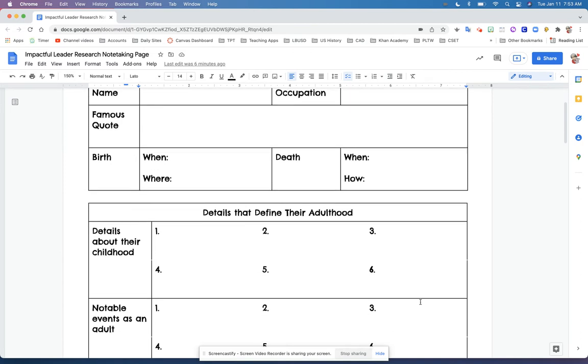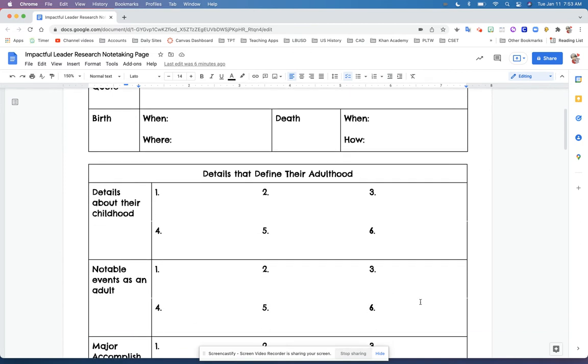Okay. Now, details about their childhood. Where did they grow up? Did they have any siblings? Where did they go to school? What did they study? Things like that. So details about their childhood. And these shouldn't be one or two word answers. So for example, if you read somewhere that they went to Cal State Long Beach, you're going to want to say Cal State Long Beach studied political science or something like that.